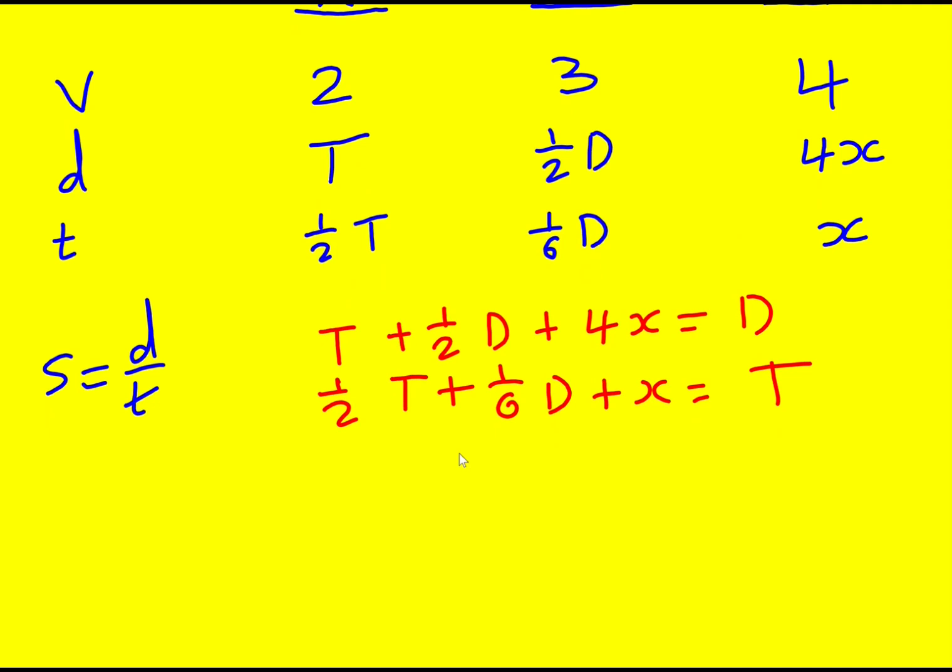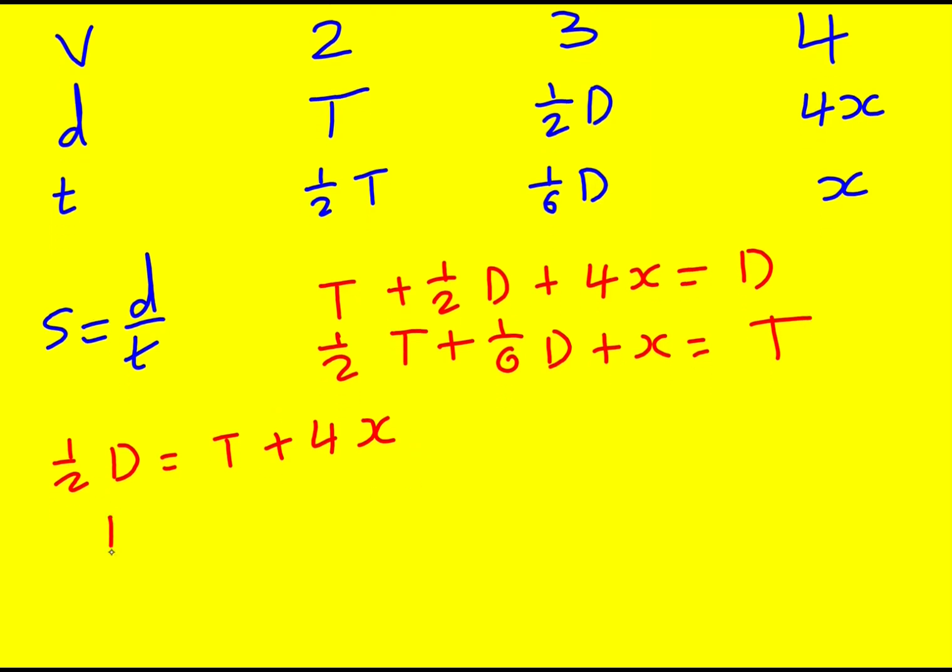Right, I think I'm gonna sort the top one out, so it would be a half D is equal, because I can subtract a half D, is equal to T plus 4x. I might be tempted then to write D is equal to 2T plus 8x.